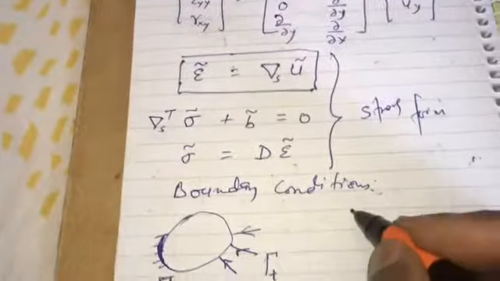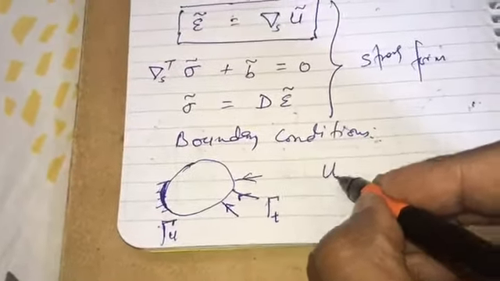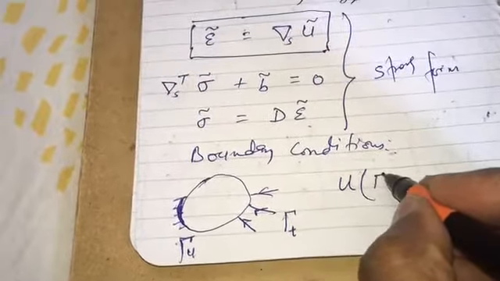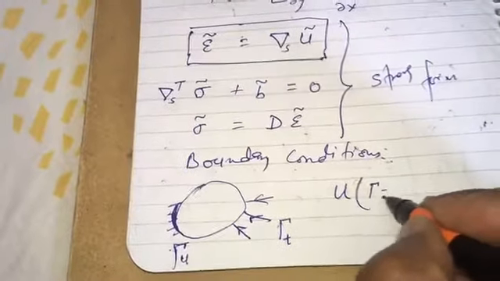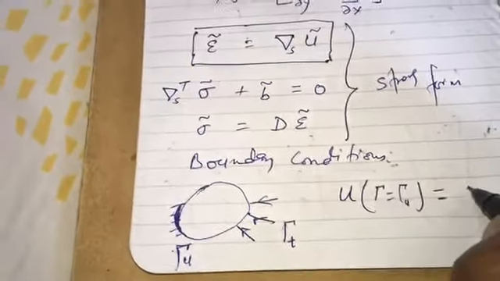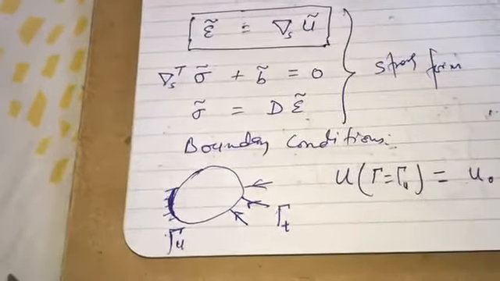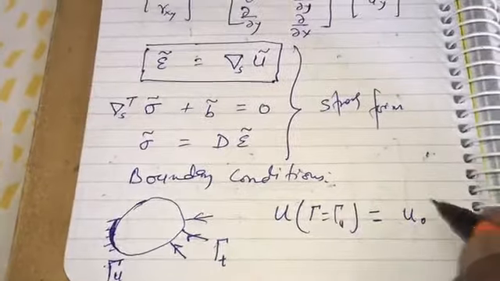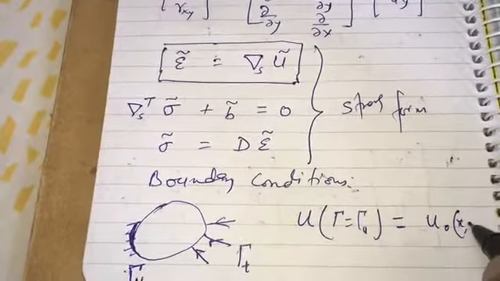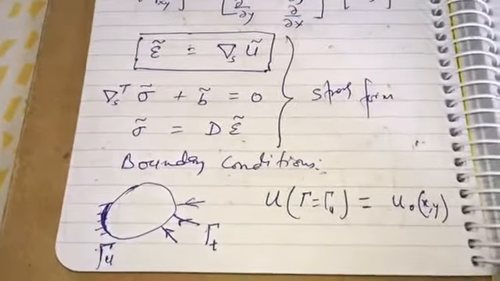Okay, so u at gamma equal to gamma u may be prescribed as u naught, which will be a function of x y.